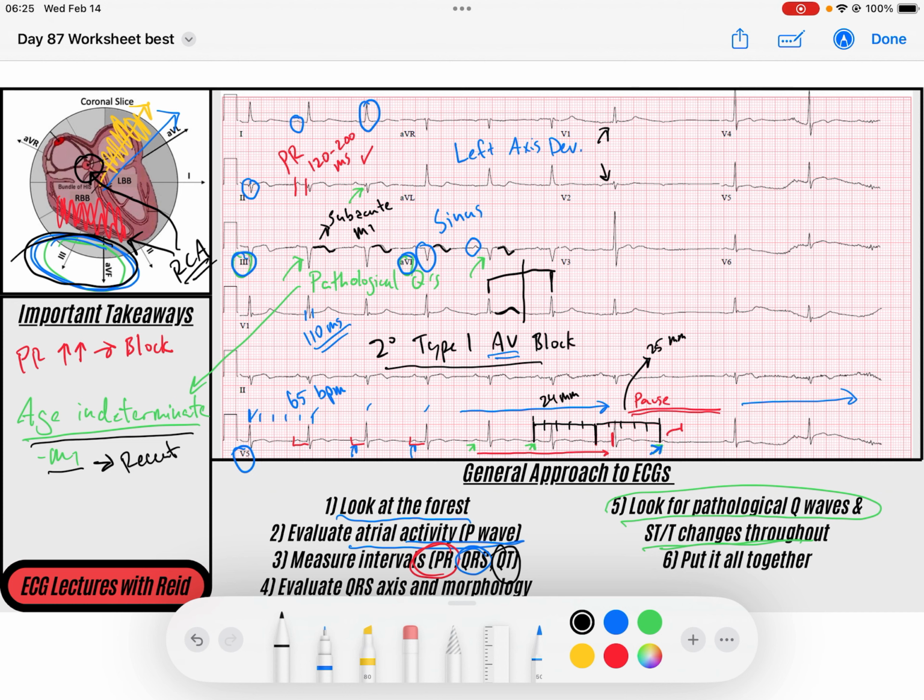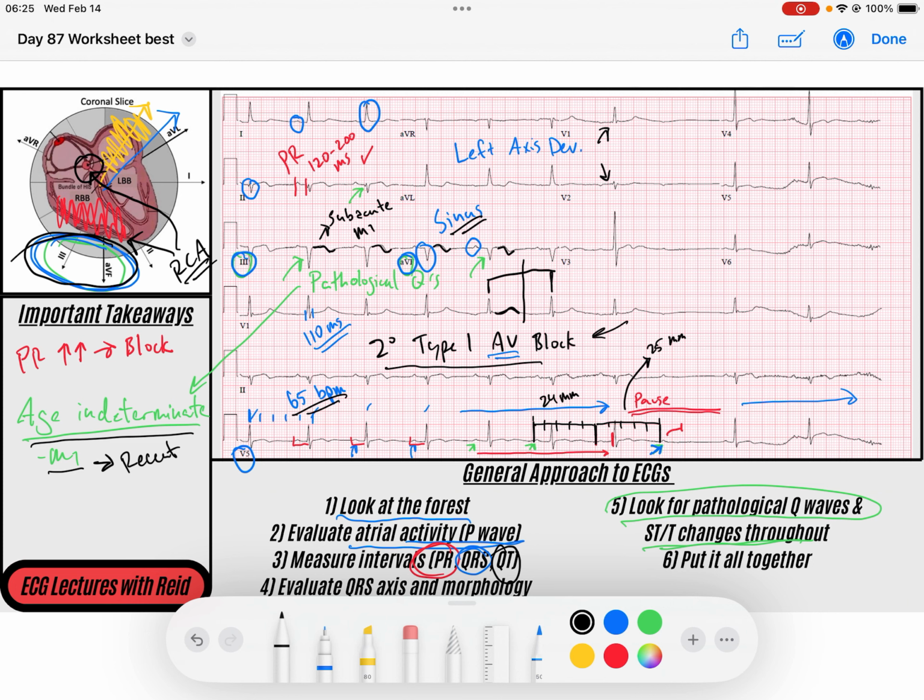And so when we put this all together and we try to map out the anatomy, does the anatomy make sense? It does. And so what do we have? We've got a sinus rhythm with a second degree type 1 AV block at a rate of roughly 65 beats per minute.